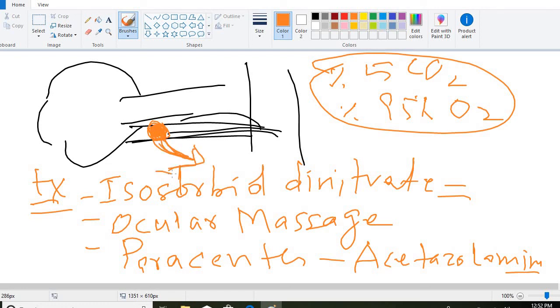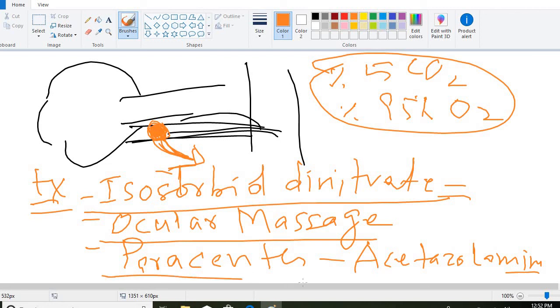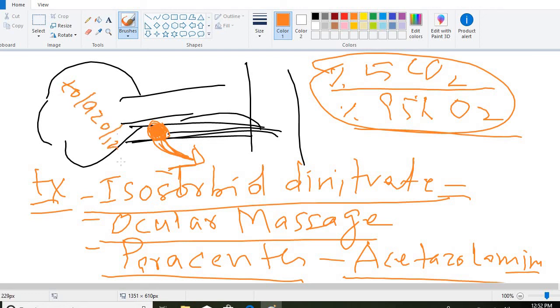So in this pattern we treat the patient of central retinal artery occlusion: isosorbide dinitrate, ocular massage, paracentesis, acetazolamide, 5% carbon dioxide and 95% oxygen, or retrobulbar tolazoline injection. Tolazoline injection is given to the patient to relieve this obstruction. In this way we will treat the patient of central retinal artery occlusion.